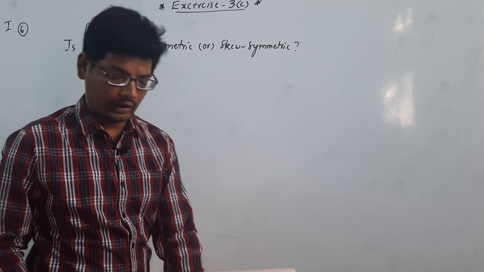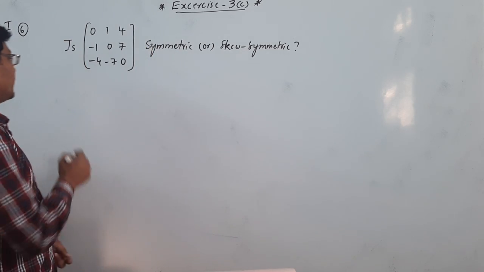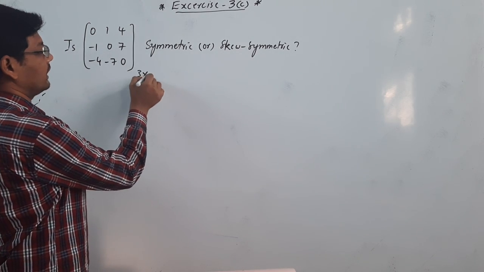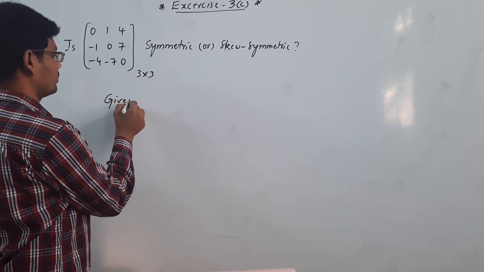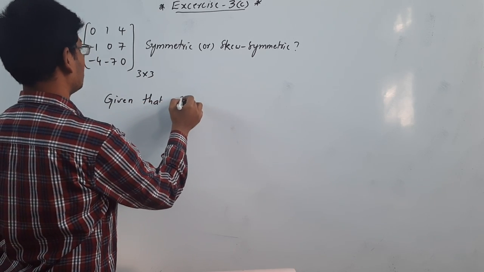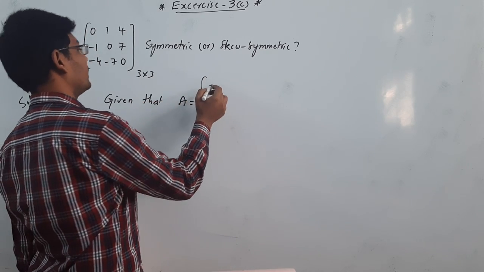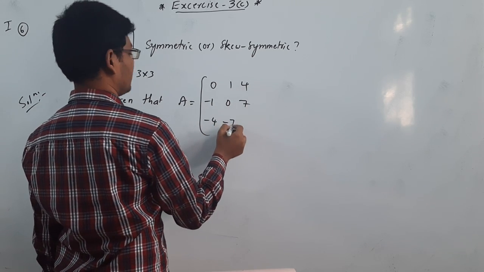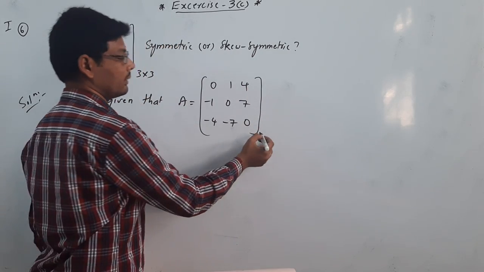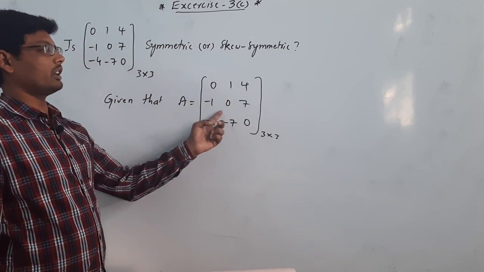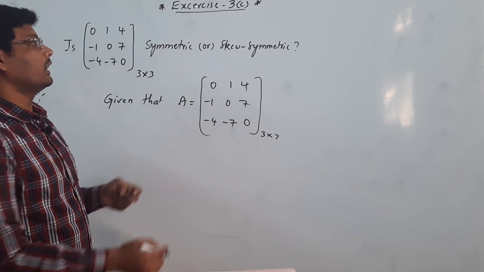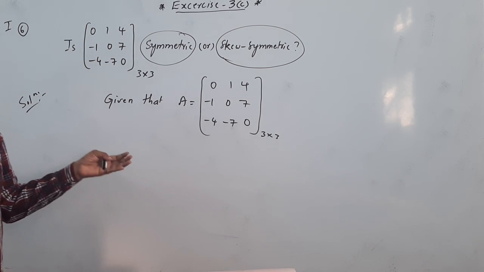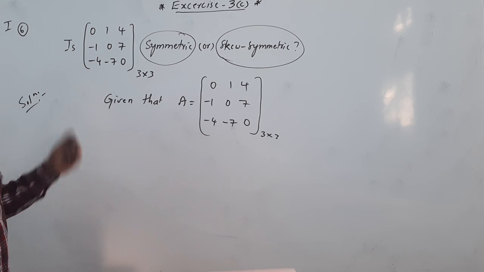The solution: he is given a 3 by 3 matrix. I am considering this matrix as A: 0 1 4, minus 1 0 7, minus 4 minus 7 0. He is asking to find whether it is symmetric or skew symmetric.